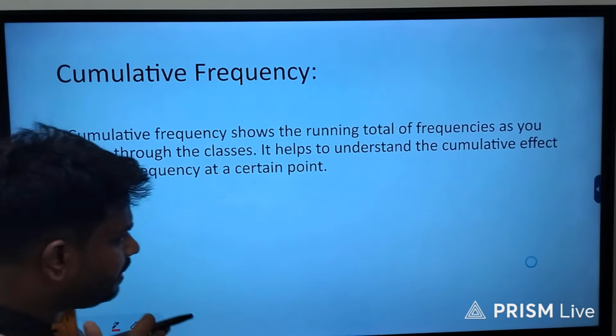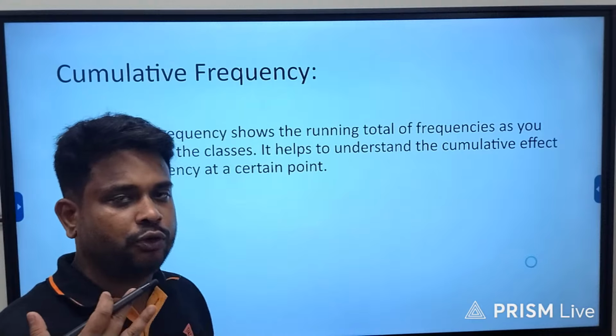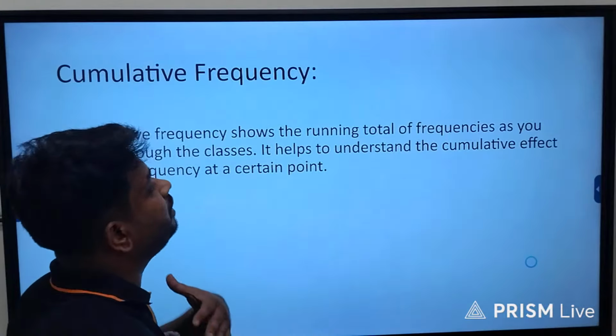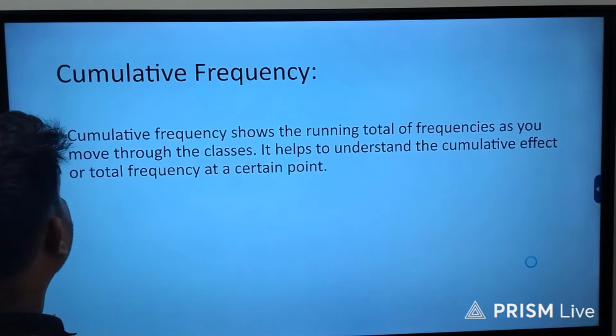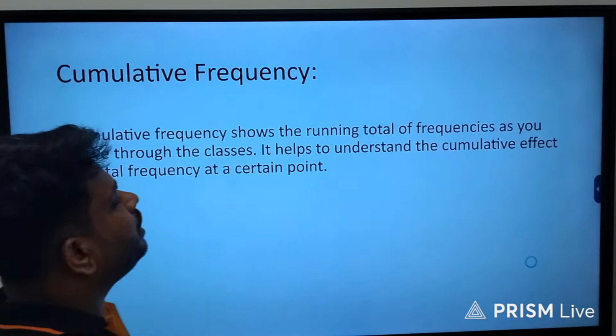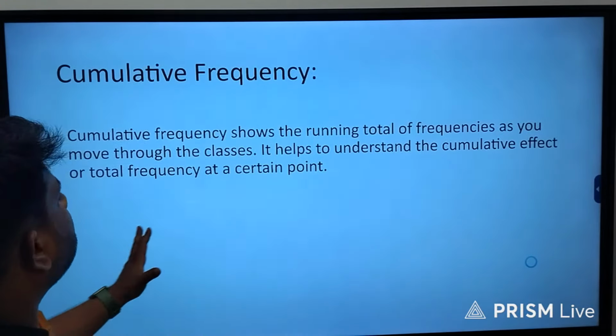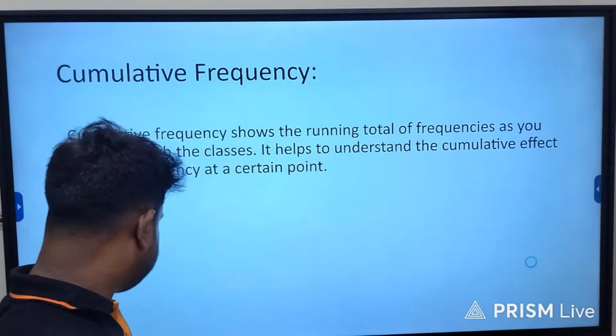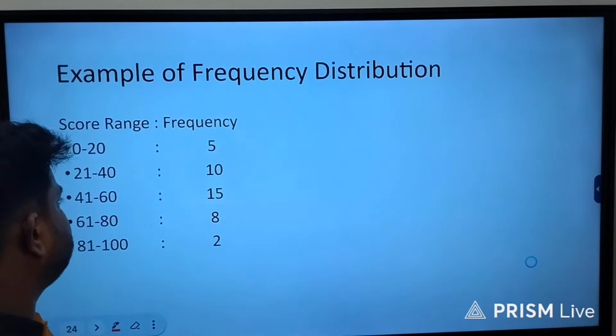This is just a beginner example of what cumulative frequency actually is: the running total of frequency as you move through the classes. We will discuss this more in our upcoming slides.